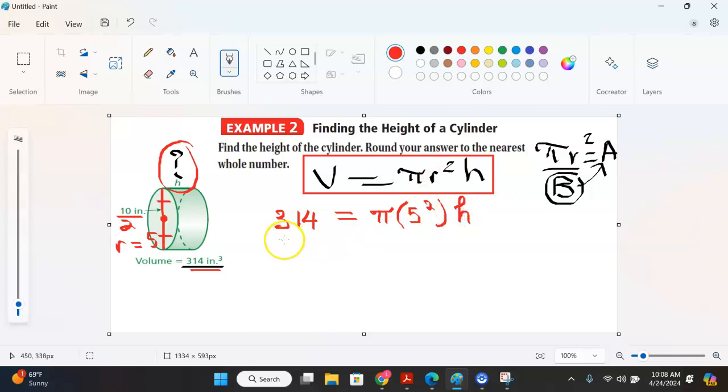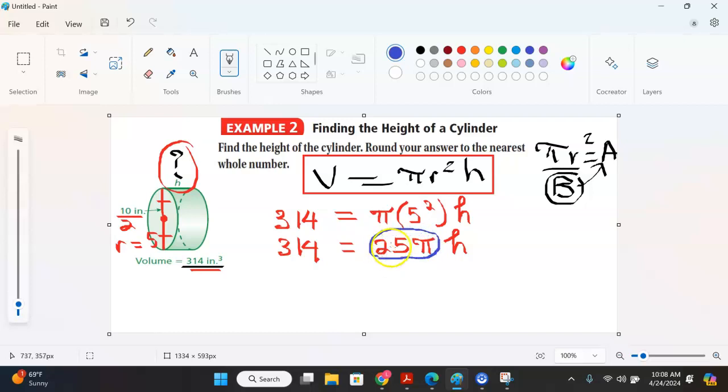All right, let's simplify this before we apply inverse operation. 314 equals 5 squared, which is 5 times 5, is 25. So 25 pi times h. Now, think of 25 pi as just another number.